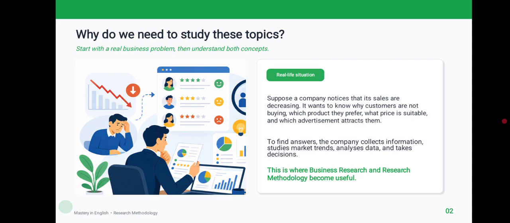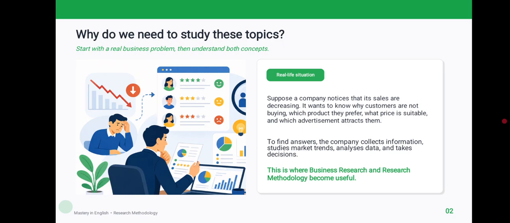Which product do customers prefer? And which product brand do customers prefer rather than other brands? What price is stable for a particular product? Which advertisement attracts the customers? Maybe social media, maybe word of mouth, maybe newspaper, maybe another media.